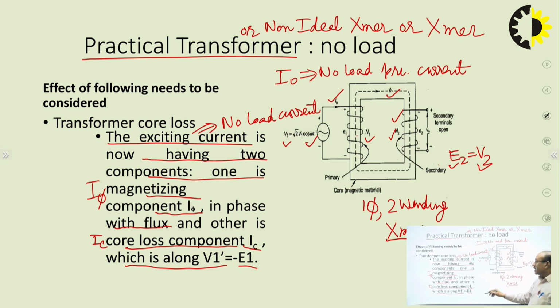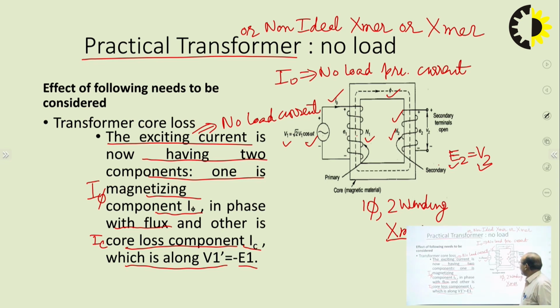That's why V1 dash we can write equal to minus E1. So E1 is the induced EMF in primary and V1 dash is the voltage drop corresponding to that, which is equal to E1 but opposite to E1. That's why minus sign is written with this E1. We will discuss all these parts in detail in the phasor diagram.